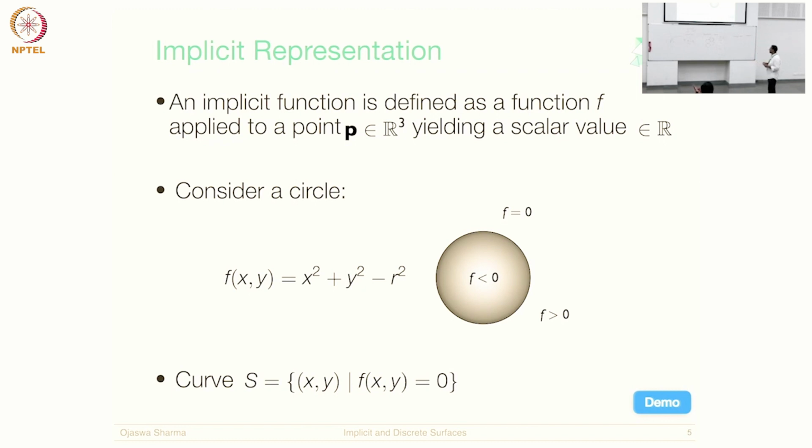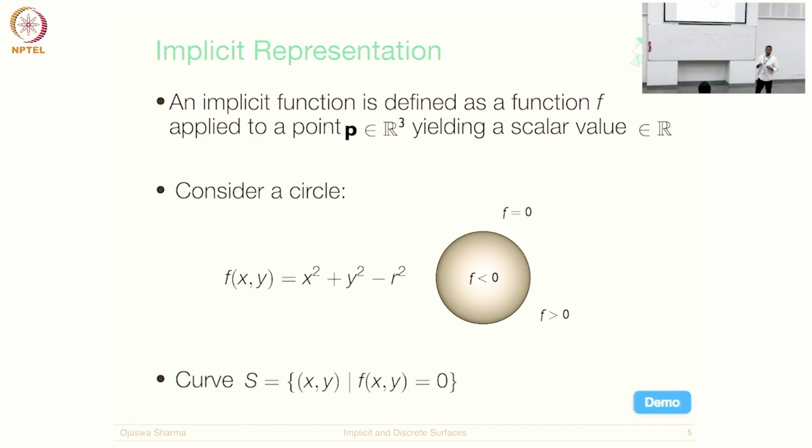So what can I say about it? For one thing, there would be some xy values for which this function would be negative, right? In fact, all those xy values that are inside that circle would result in an f function value that is negative, right?